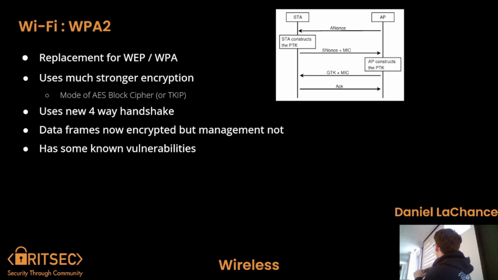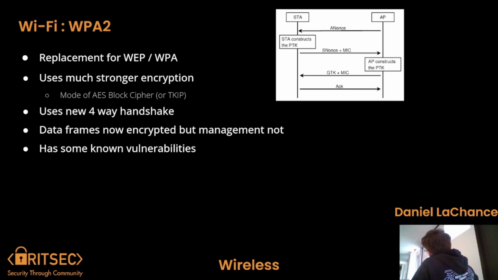It now uses a 4-way handshake to authenticate users, which thank God, because if you don't capture that 4-way handshake, it is impossible to decrypt any of those packets, because as it stands right now, you can't decrypt AES without the key.